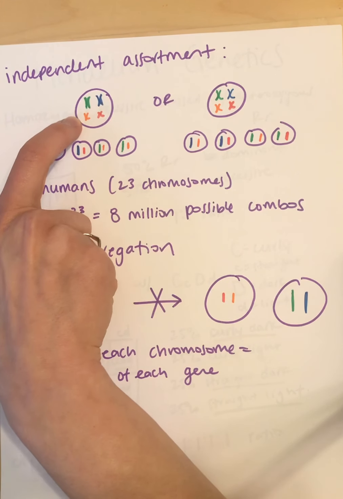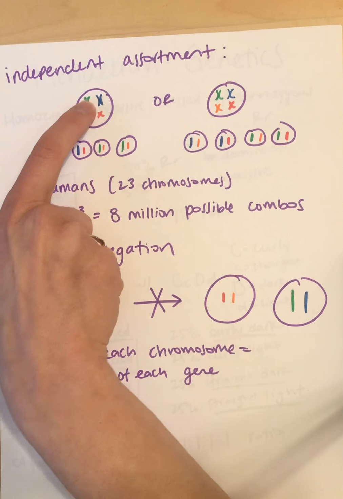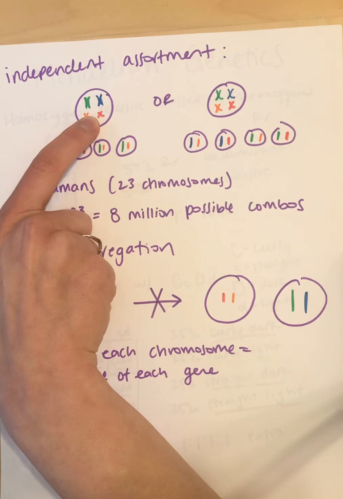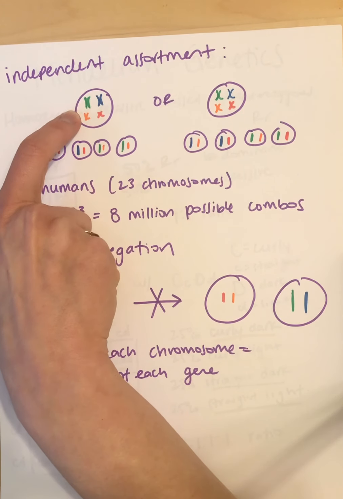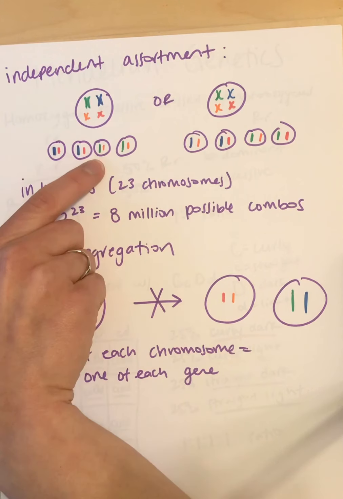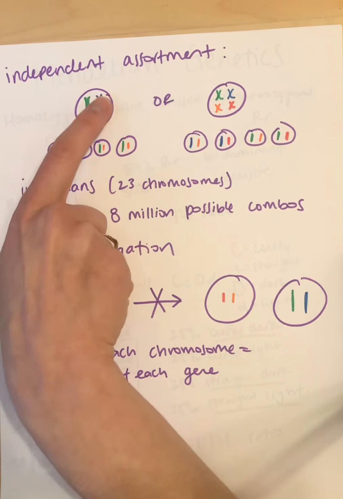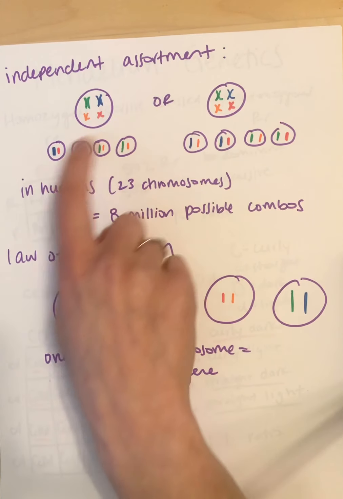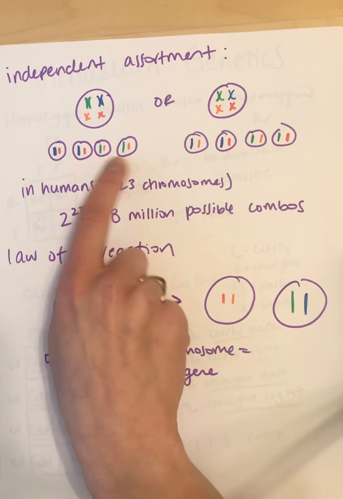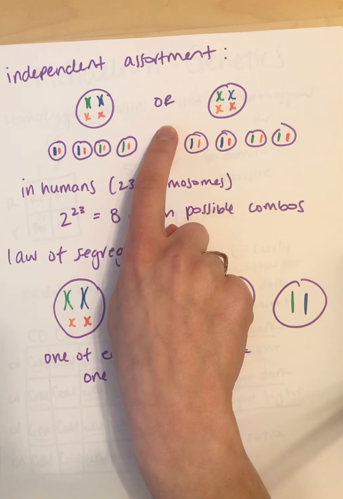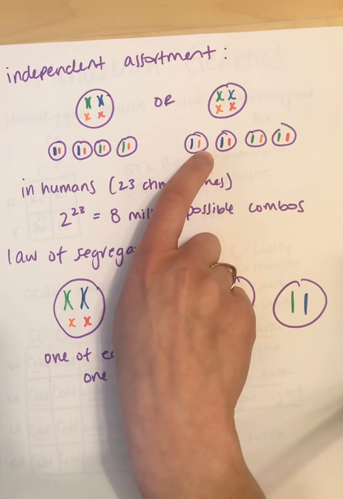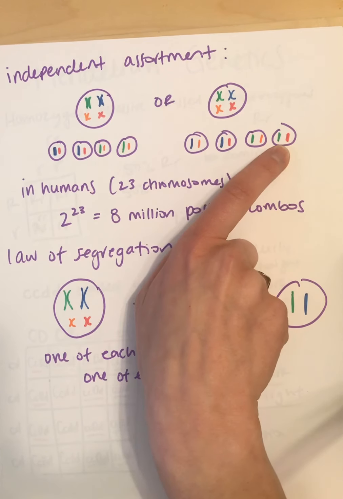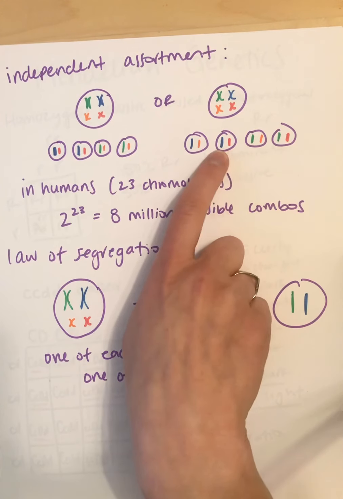Say that orange and green were from my dad and blue and red were from my mom. Green and orange don't necessarily have to stay together. It could be that orange ends up with blue. So it could be that the blue and the reds end up together and the green and the oranges end up together. Or it could be that blue and orange end up together and green and red end up together. Or some combination of that.